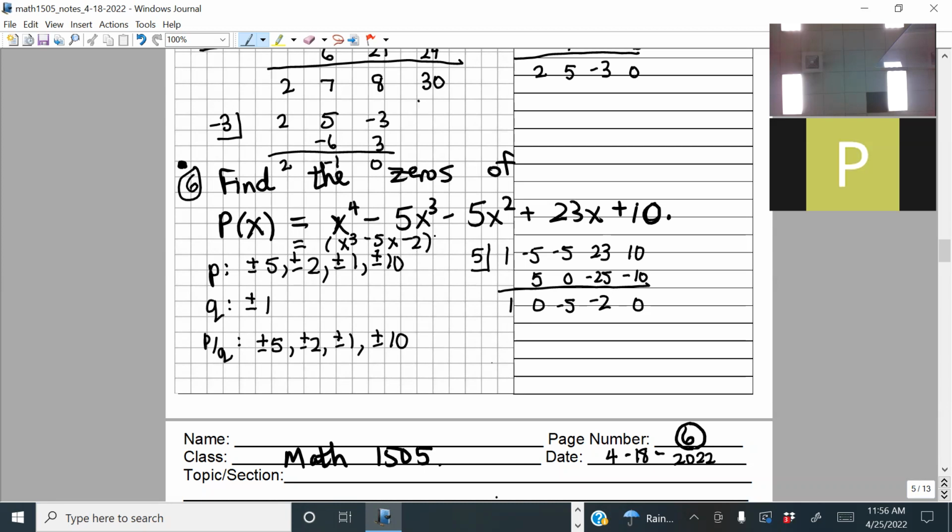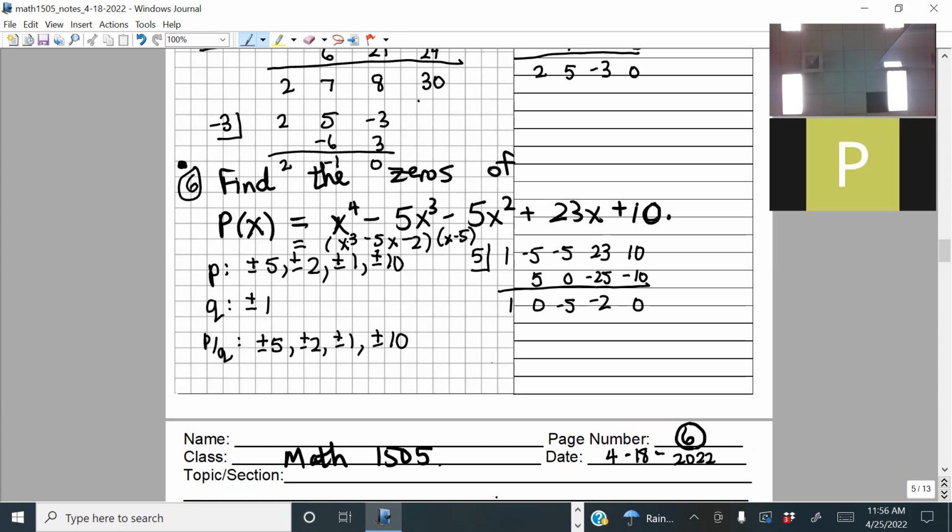And then we factored out x minus 5. So this big polynomial is already partially factored. It factors as x cubed minus 5x minus 2 times x minus 5. So you don't have to work from the original fourth degree polynomial anymore. Now you can restrict your attention to this simpler cubic. You're just looking for the zeros of x cubed minus 5x minus 2, right? Okay.